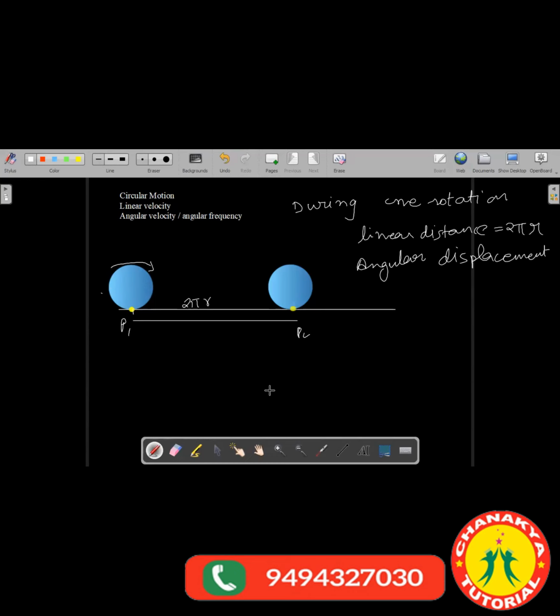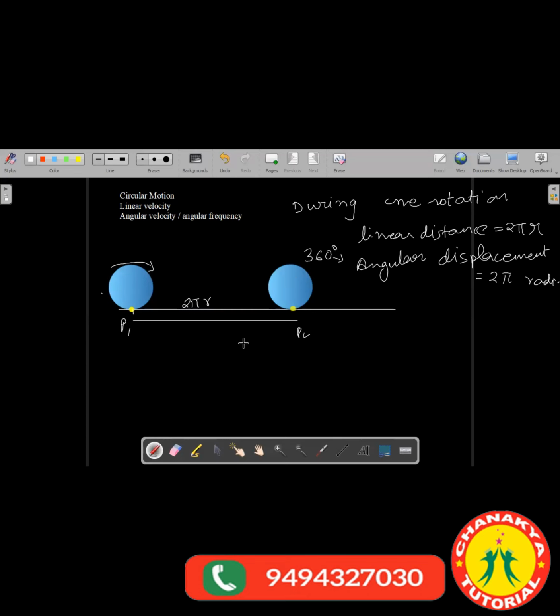So here the angular displacement would be equal to 2 pi for one revolution, that is 2 pi radian. If I find this angle in degrees, it would be equal to 360 degrees, and we know that 360 degrees is equal to 2 pi radian.